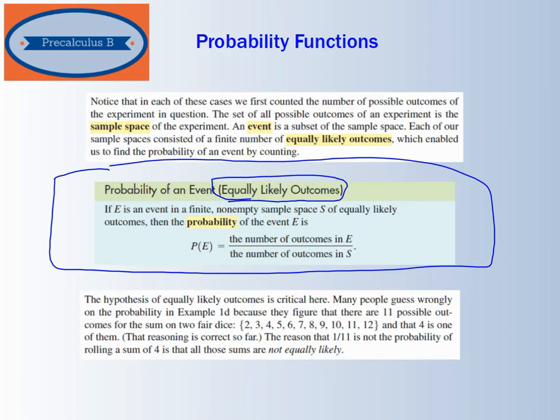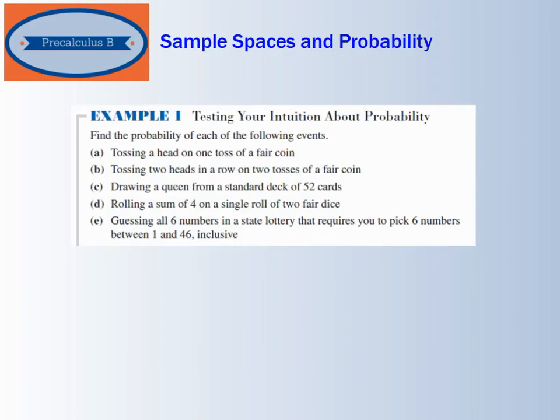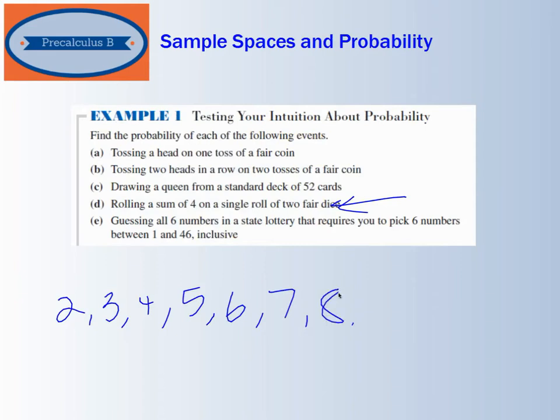Now, a way in which we can look at the equally likely outcomes, which is really important, is if we go back to that example from before. All right, example D, rolling a sum of 4 on a single roll of fair dice. Well, a lot of people would jump into this and say, well, they could get a sum of 2, 3, 4, 5, 6, 7, 8, 9, 10, 11, and 12. And they'd say, oh, that's my sample space right there.